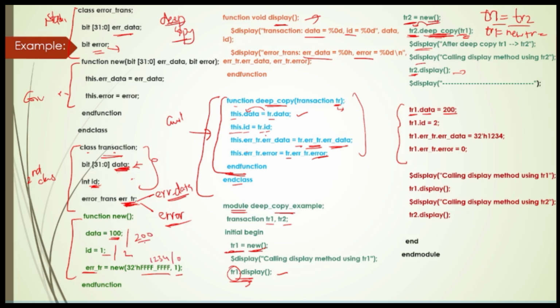All these values I have changed only by using the tr1 handle. So according to us, the change should be reflected within tr1 only, and tr2 should consist of the same values that were previously there in this particular handle.